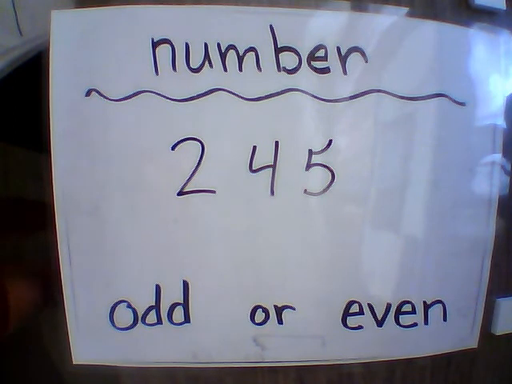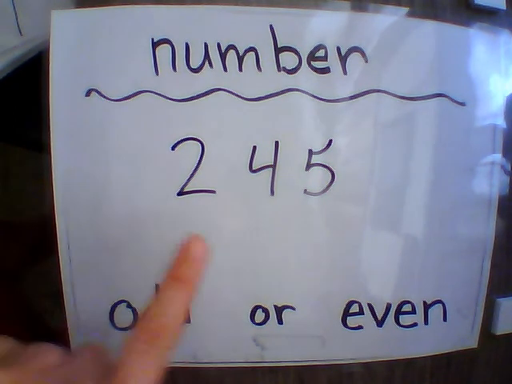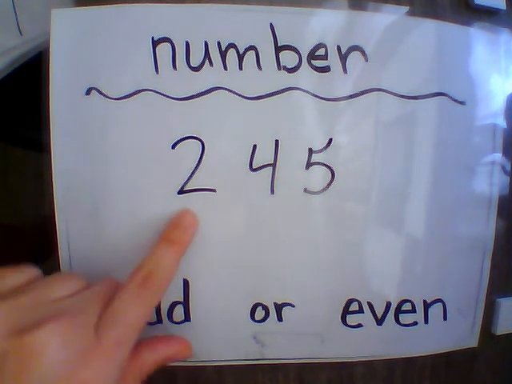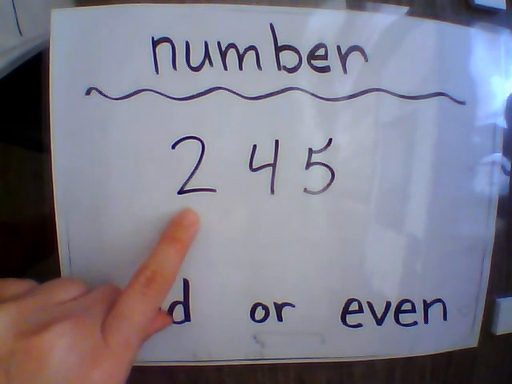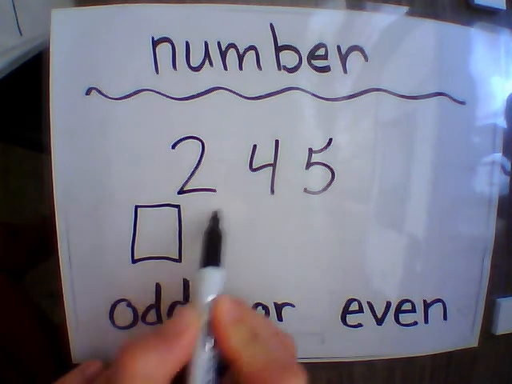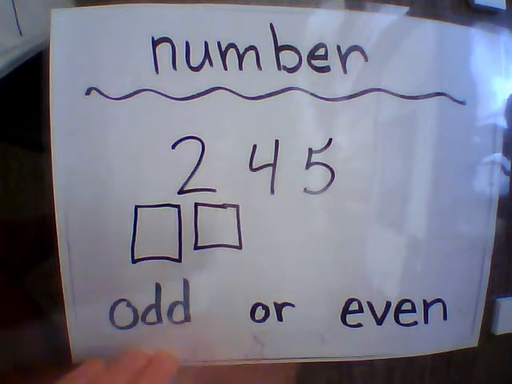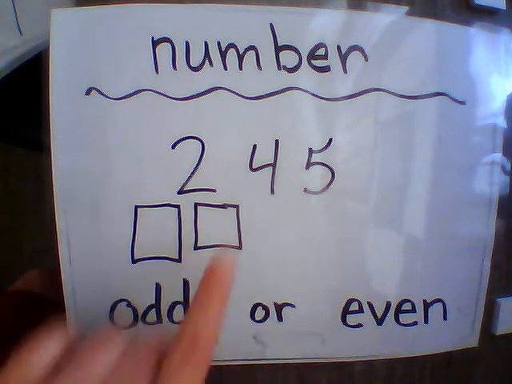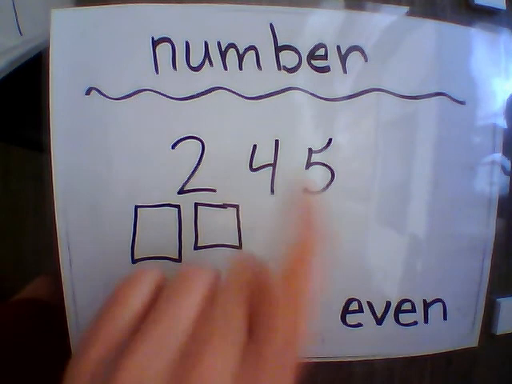So let's begin. Let's first read the number. 245. So we have a 2 in the hundred spot. We say 200. So we're going to make two large squares. And then we have 45. So we have 4 tens.